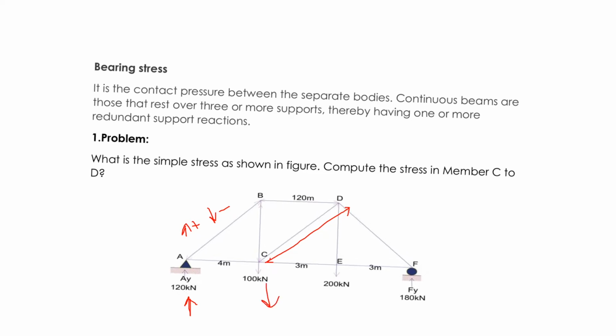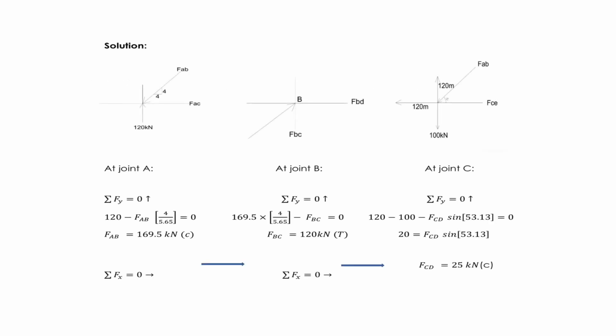So I have separated it into 3 figures. Based on joint A, I find the slope: x direction is 4 and y direction is 4. So we can find the hypotenuse, computing the square root of x squared 4 squared plus y squared 4 squared, which is equal to 5.65.